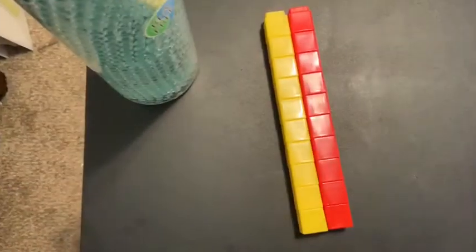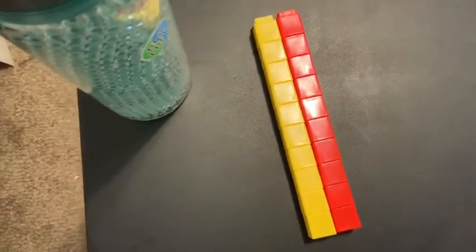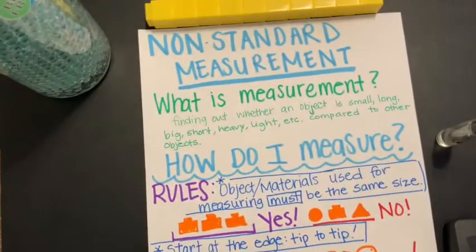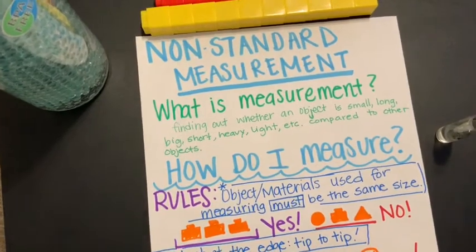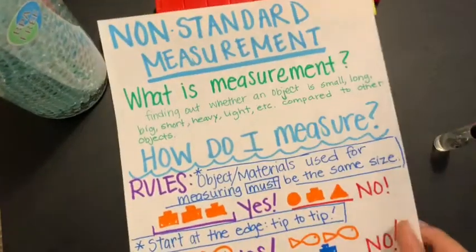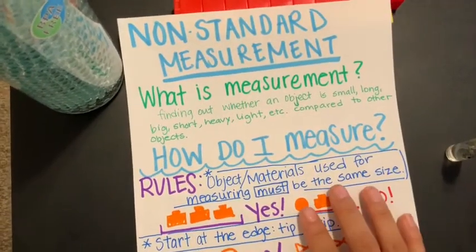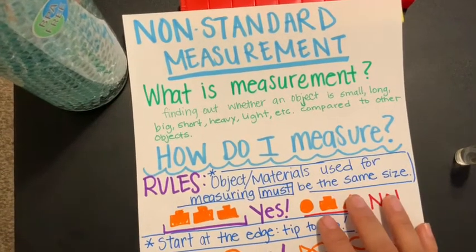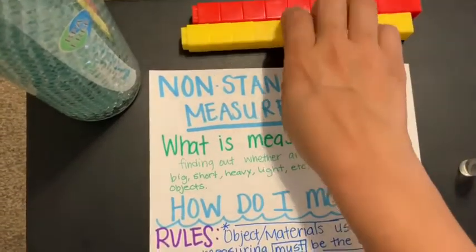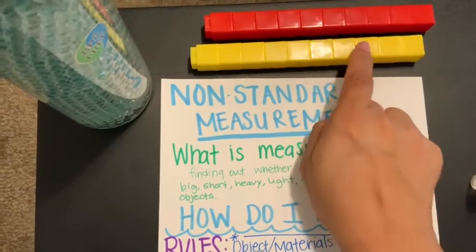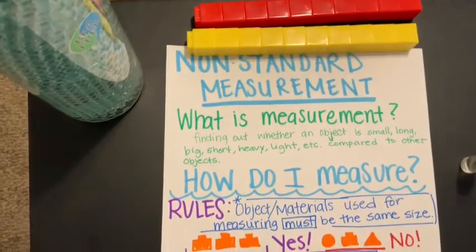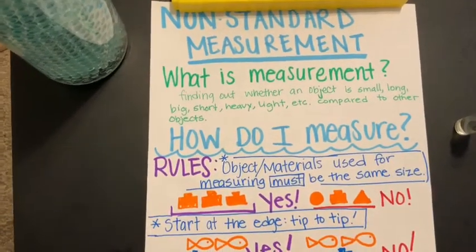We have a couple of rules that we need to use when we are measuring. Some of those rules of measuring with non-standard units is that we have to make sure that we're using the same size object or material. For mine, I'm using Unifix cubes and they're all the same size, so we are using the same materials.